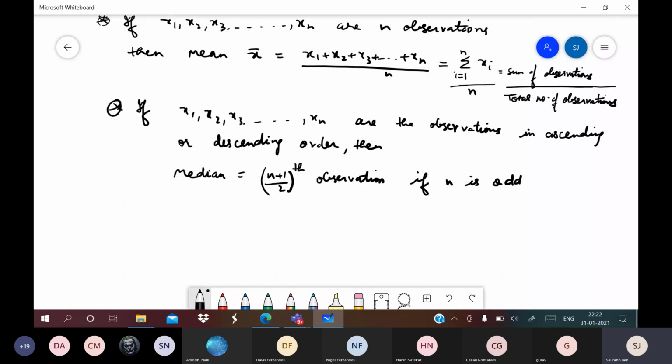Okay, if n is odd, then the median is the n plus 1 whole upon 2th observation, right?